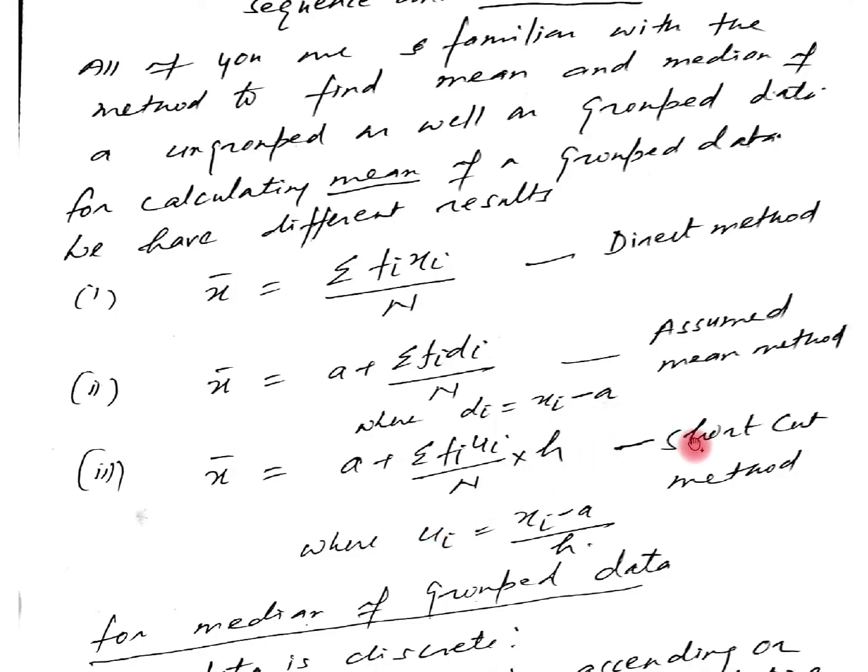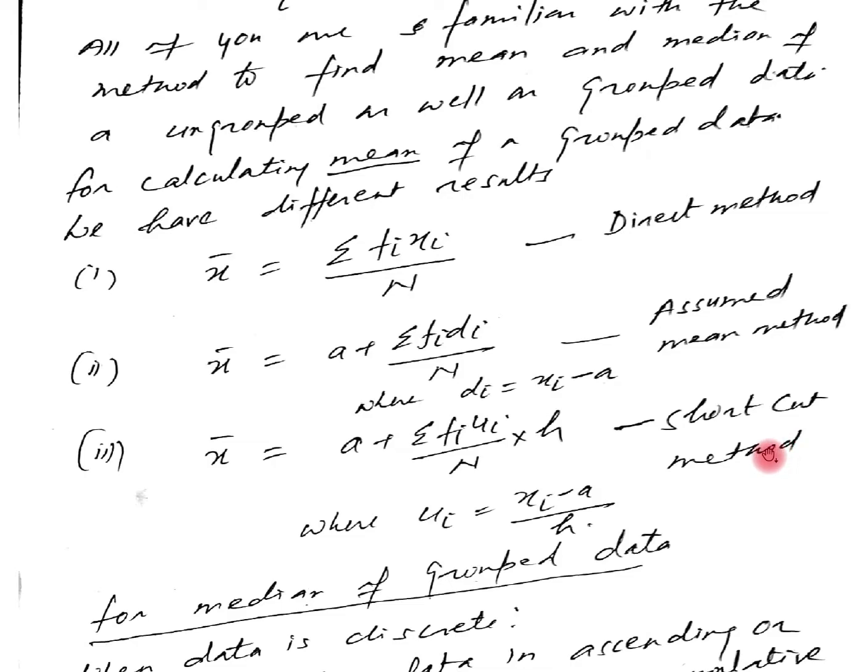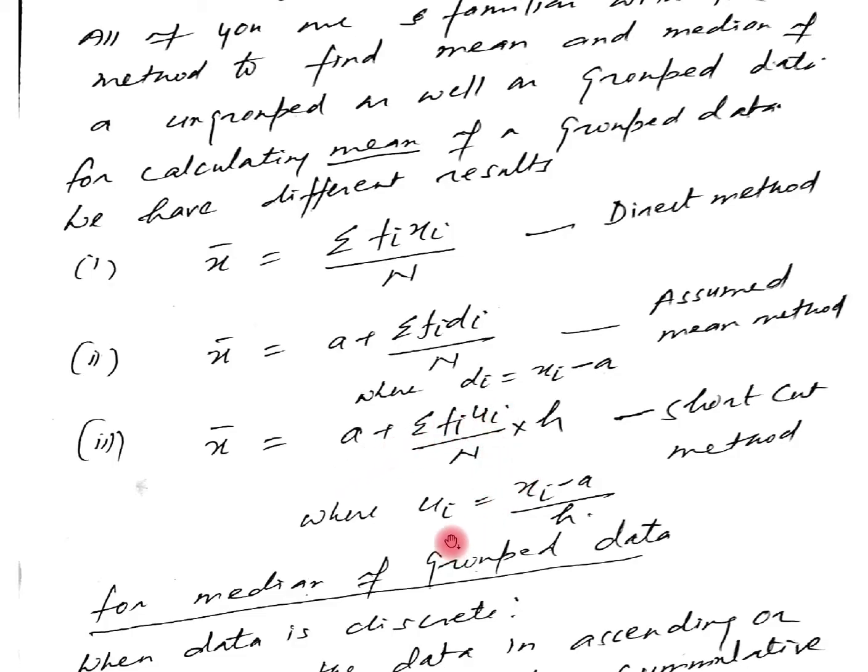And the third is the shortcut method, or we can say step deviation method. For that, x bar equal to a plus sigma fi ui upon n into h, where ui equal to xi minus a upon h.